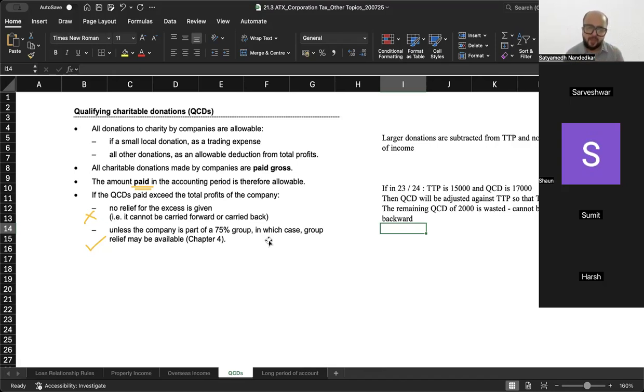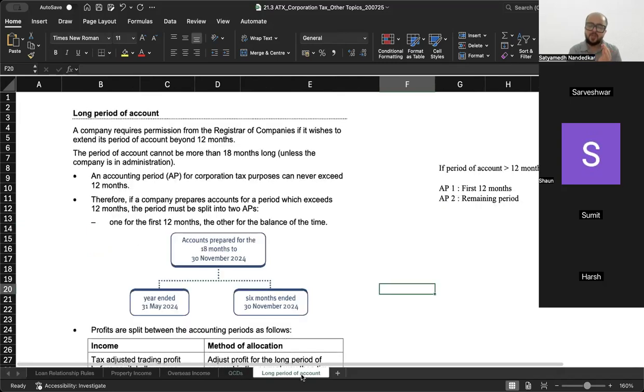And if QCDs paid exceed the total profits of the company, no relief for the excess is given unless the company is a part of a 75% group. So basically, the larger donations are subtracted from your TTP as your qualifying charitable donations. And qualifying charitable donations cannot be carried forward or carried backward, but for group companies where there is some surrender, that can happen.